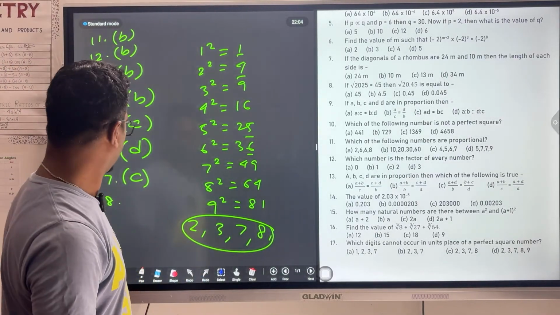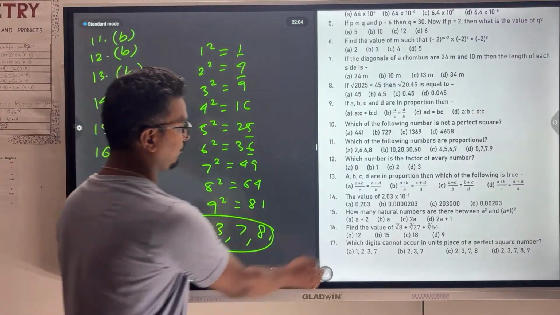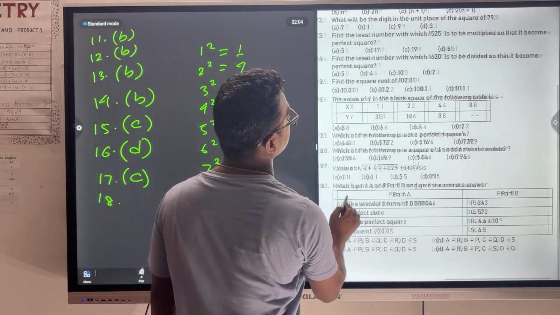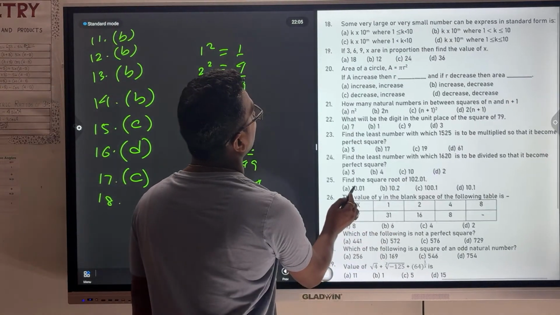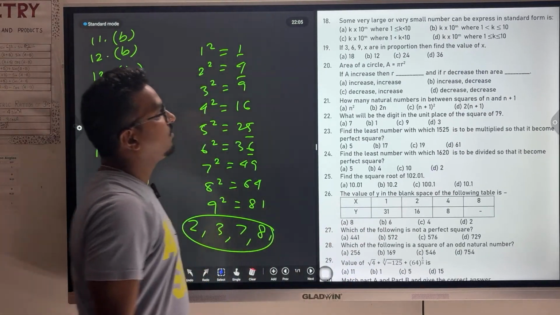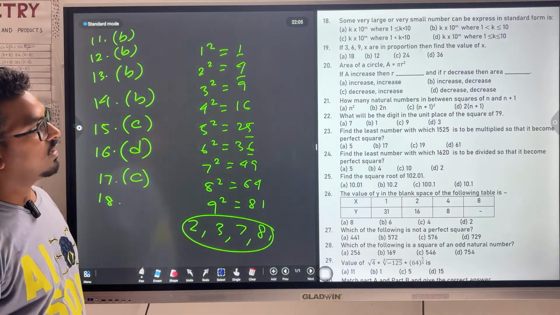Next, question number 18. Some very large or very small numbers can be expressed in standard form.